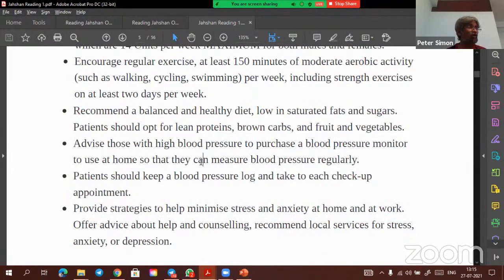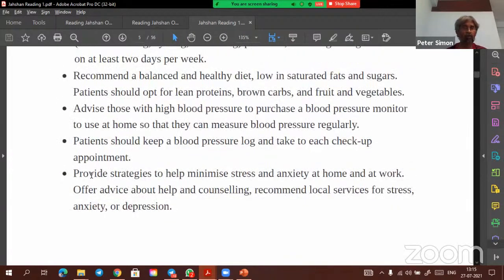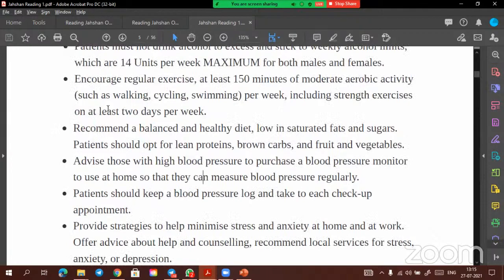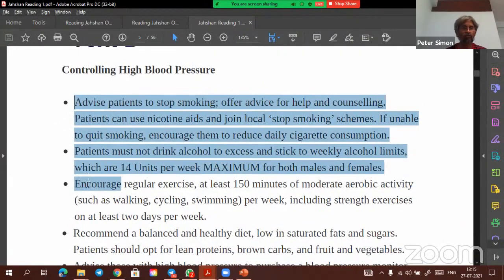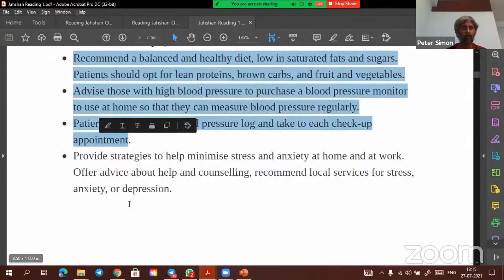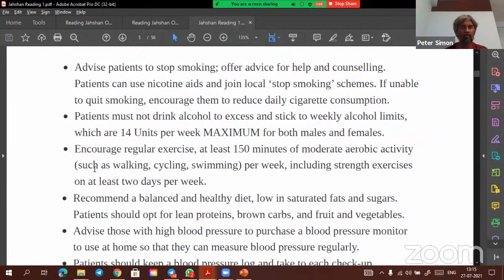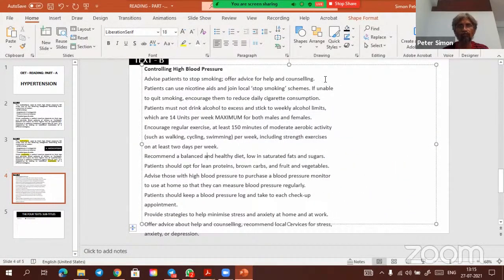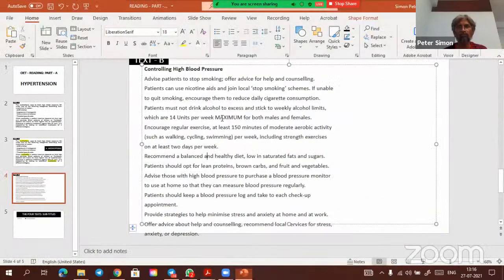So it starts with advise, patience, encourage. First one is advice to limits, advice to consumption.